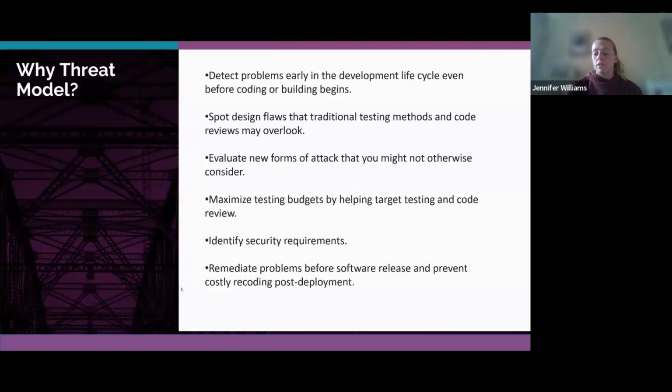So why threat model? There's a list of reasons, but working down there, detecting problems early in the development life cycle, before building that device or that piece of code has even begun. We've seen a few times where we've done penetration testing on devices for a small entrepreneurial company that will have had this really great idea.